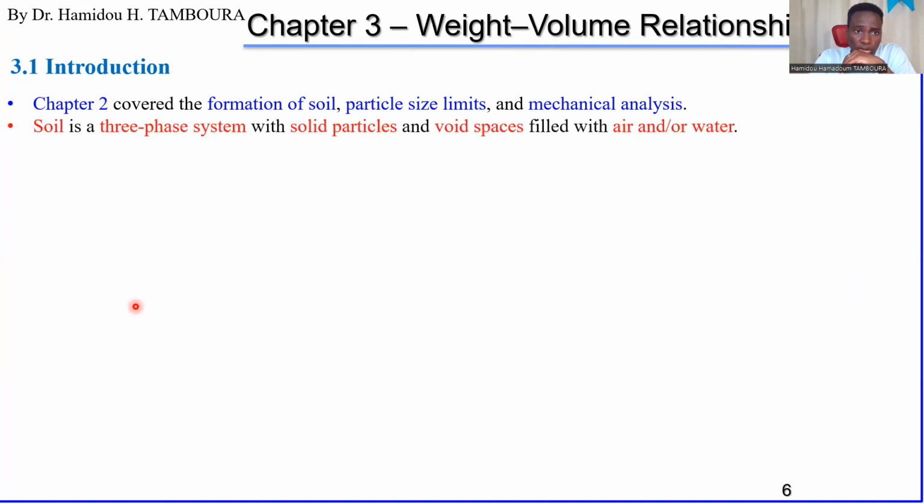In chapter 3, we will talk about the three-phase system in the soil, which are solid particle, void space, and the void can be filled with air or water.